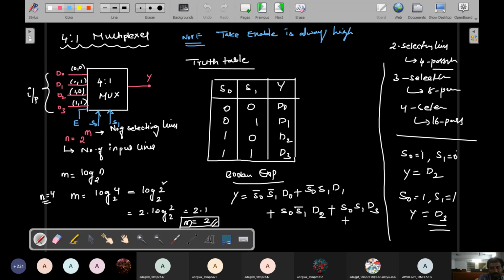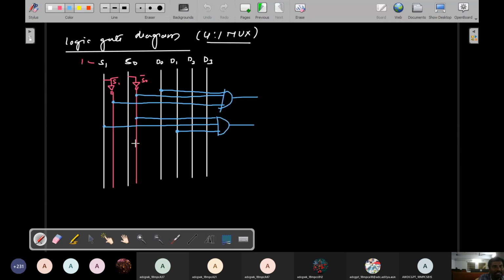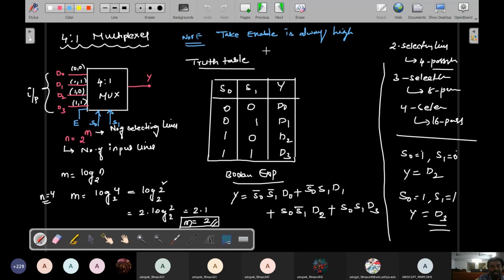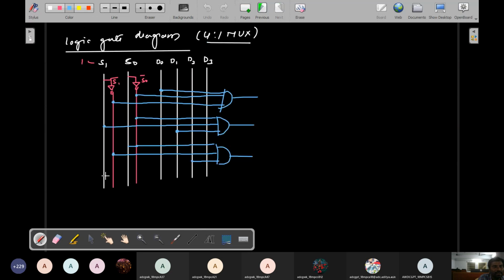Similarly, what is the next option? S0, S1 bar, D2. So this is one AND gate. Similarly, what is the other gate? S0, S1, D3.